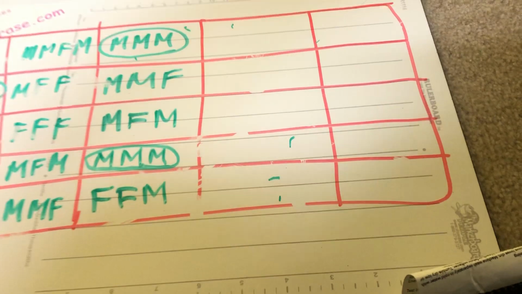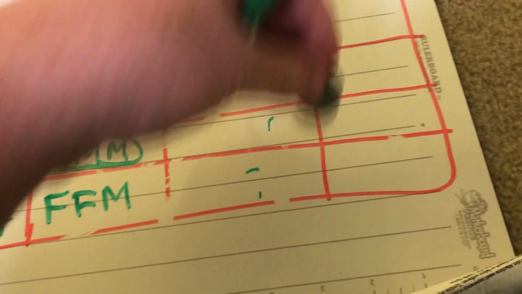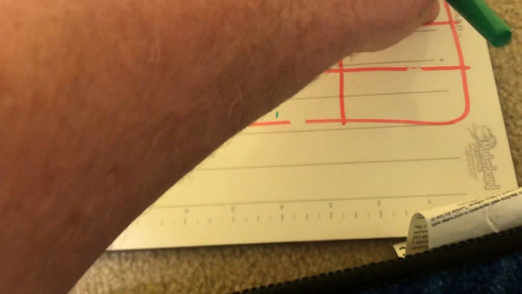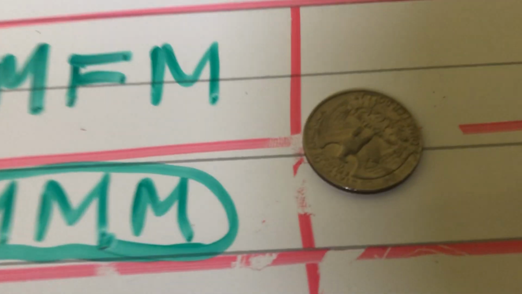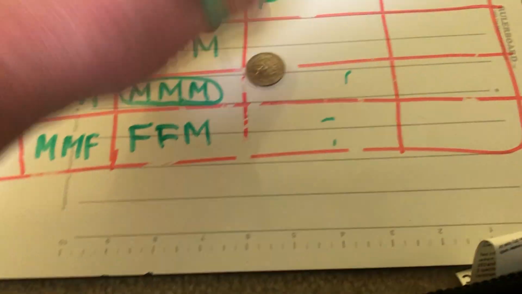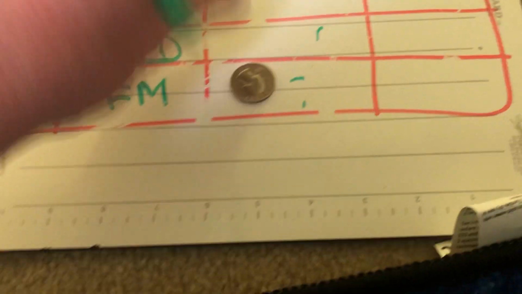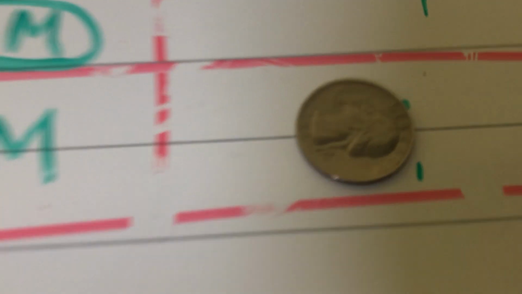All right, so we're moving right along. Thank you for your patience. There's tails, so that's a female. There's tails again, so that's a female. And there's tails again, so that's a female. All right, moving right along. There's tails, so another female. There's heads, so that's a male. And there's heads, so that's another male. Moving right along. That's tails, so that's a female.